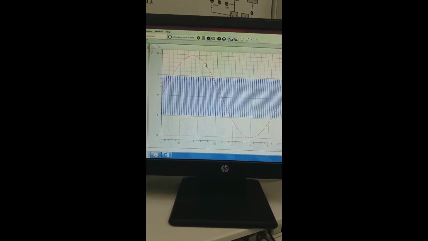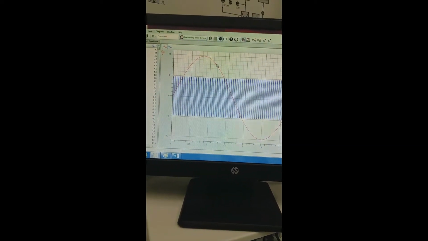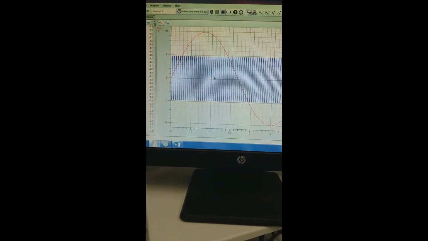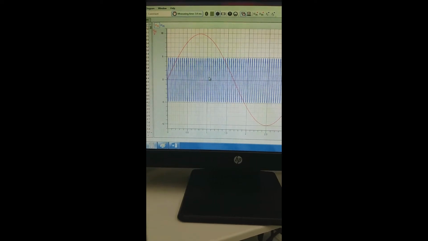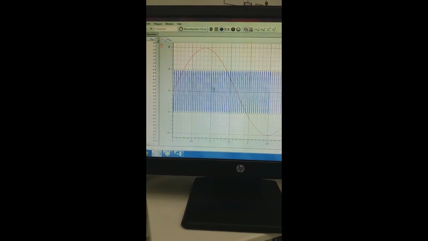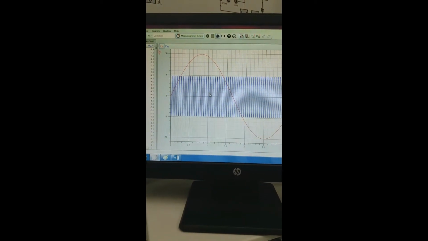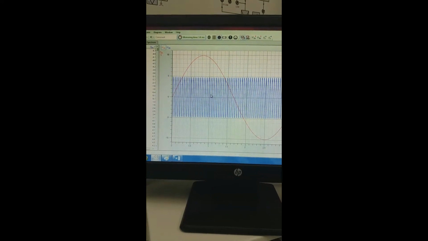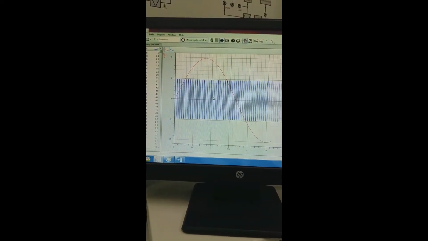This is what we have set on the panel. And then this blue curve is an FM signal, right? The 20 kilohertz carrier modulated by this 300 Hertz information signal makes a modulated signal. So the blue curve is the modulated signal.